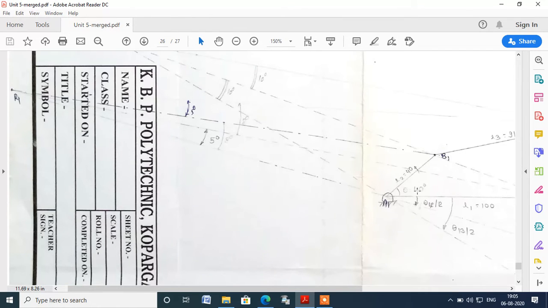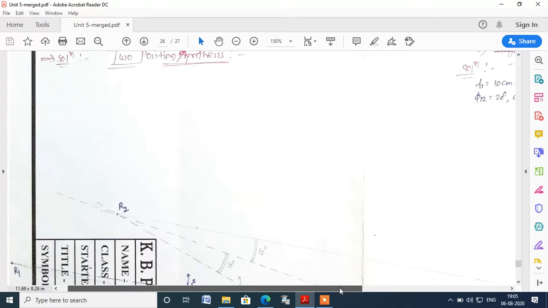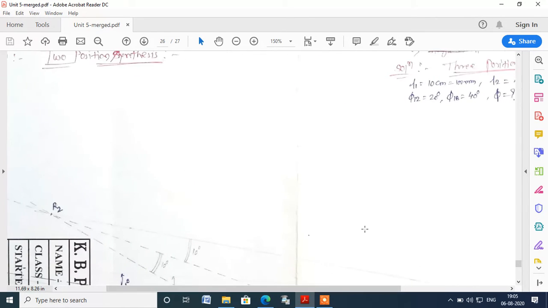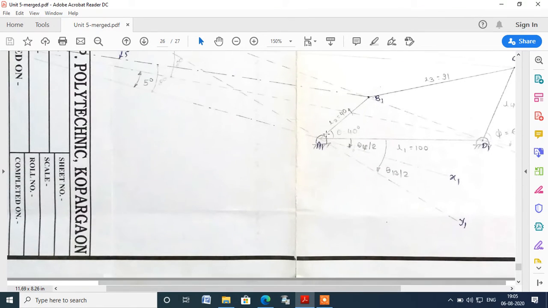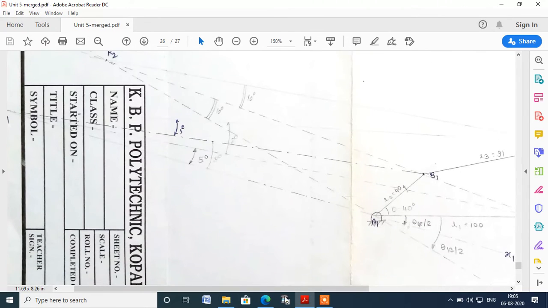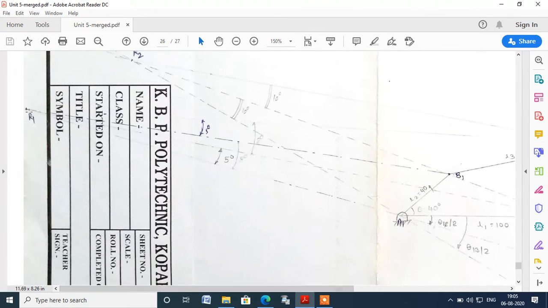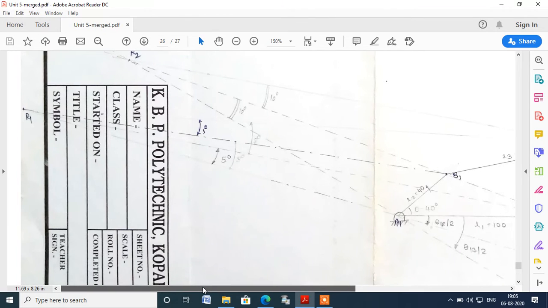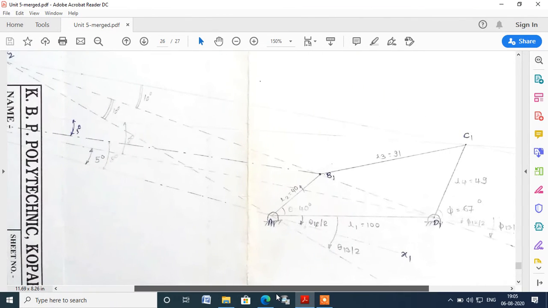Now theta 12 is given as 30 degrees. So you have to take it in the reverse direction. Suppose this is anti-clockwise, then you have to take the reverse direction, clockwise. So 30 divided by 2, that is 15 degrees. So take an angle of 15 degrees from this line and draw one line. This is the line X1 R1. We don't know the point yet, just the line X1 R1.